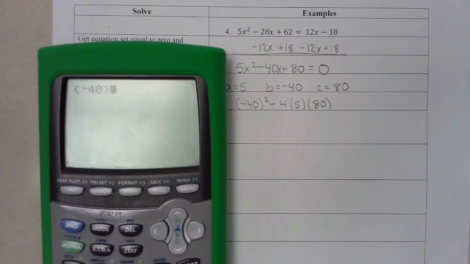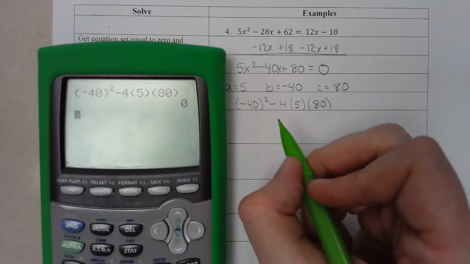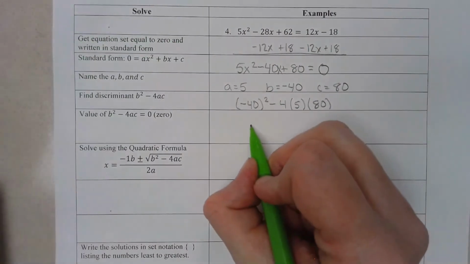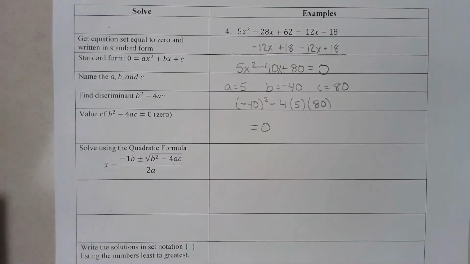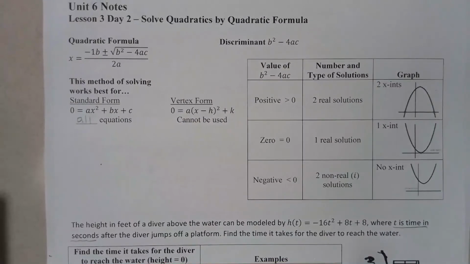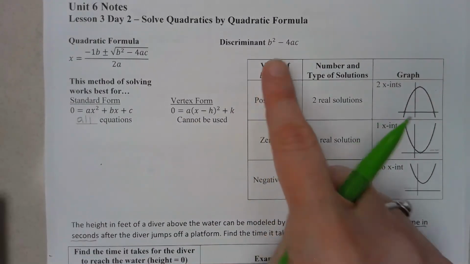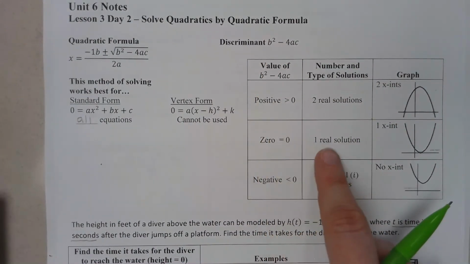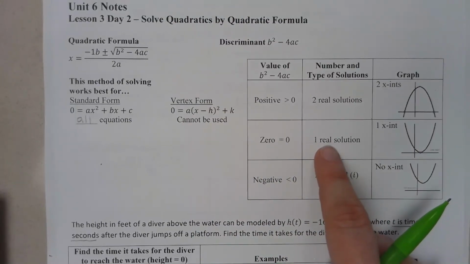So negative 40 squared minus 4 times 5 times 80. All of that equals 0. So again, referring back to our chart from the beginning, since we've not seen this yet, if our value of our discriminant is 0, we're only going to have one real solution.